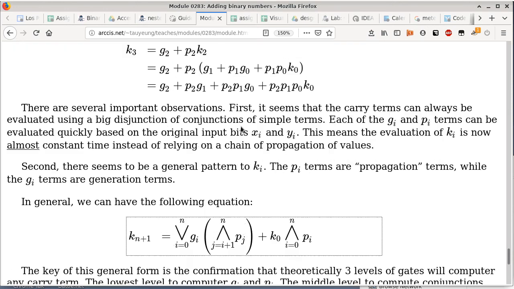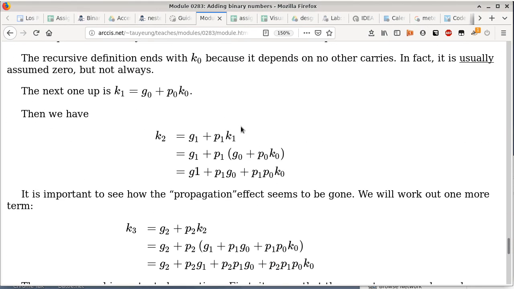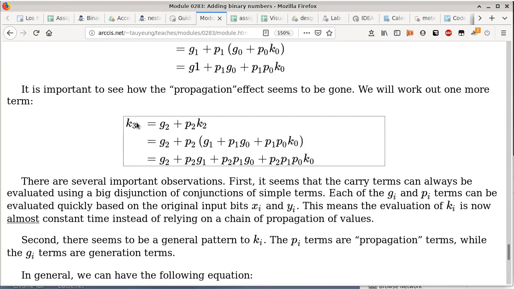No, because after you expand it, it wouldn't be like that. If you look at K3, it has P1, P0, K0, which is coming from K2. But once you multiply and distribute it, it becomes K0, P0, P1, and P2.